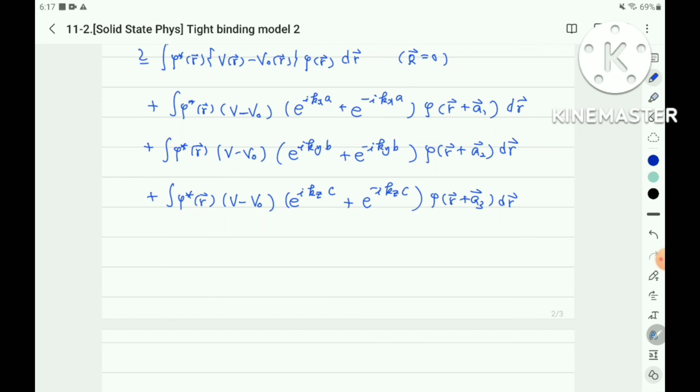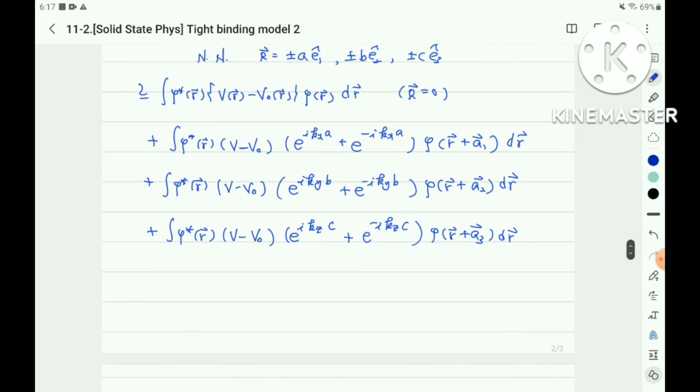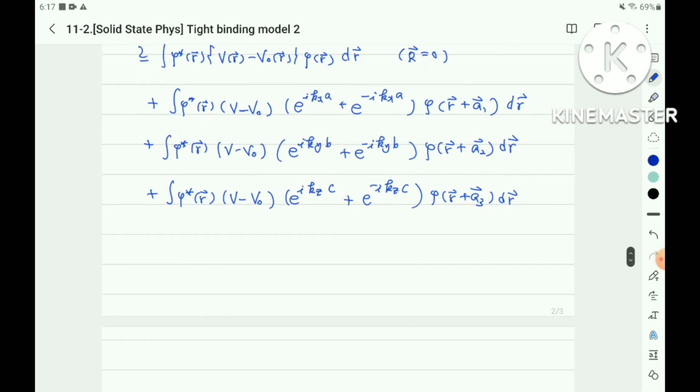Okay. Then in this case, we do not exactly know the potential difference, but here we can treat this potential difference as parameters, because we do not know the exact potential. The potential difference is case by case, depending on the crystal structure and the interaction. Anyway, we treat it as free parameters.